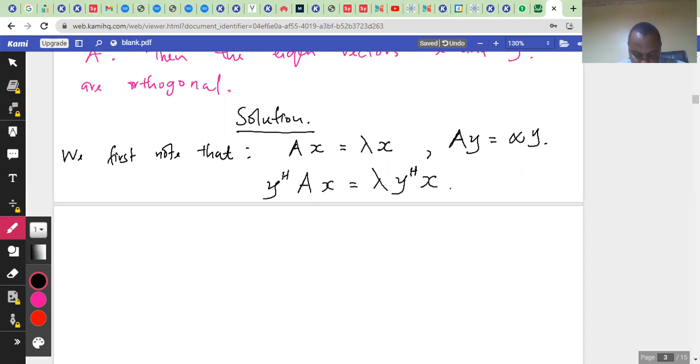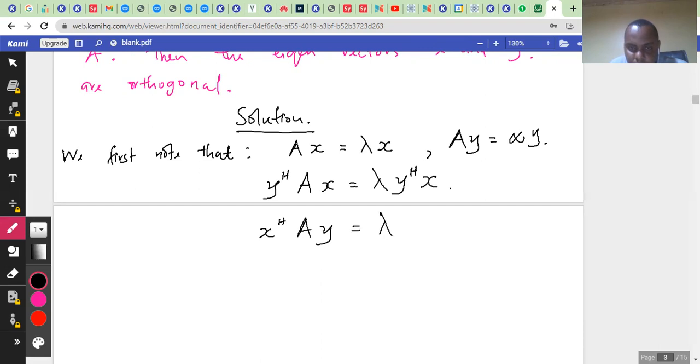And then we can do the same for the second one. We multiply x^H by A y.